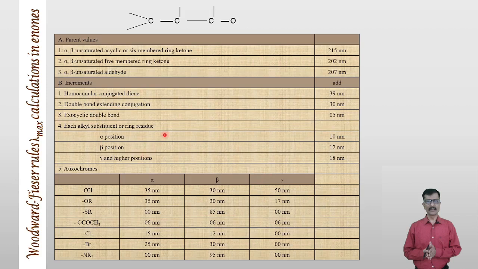Now, we will move on to another category proposed by Woodward for calculation of lambda max, and it's an enone. What is an enone? It is an alpha, beta unsaturated aldehyde or ketone.